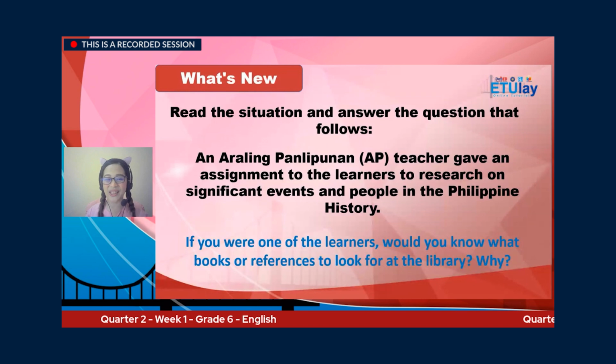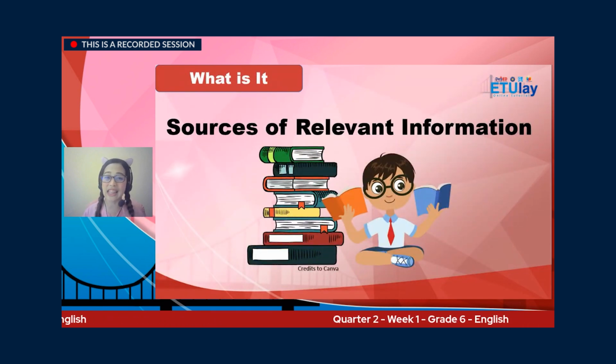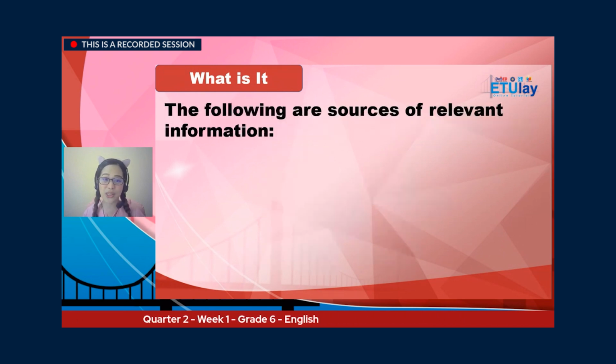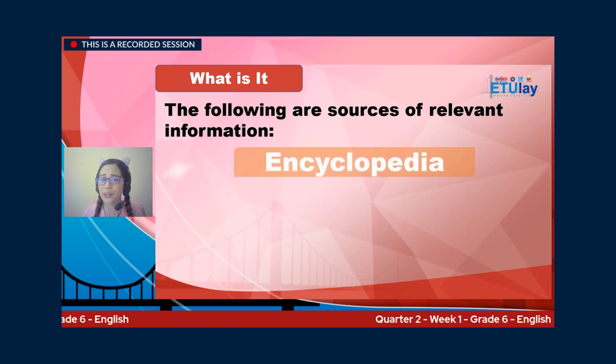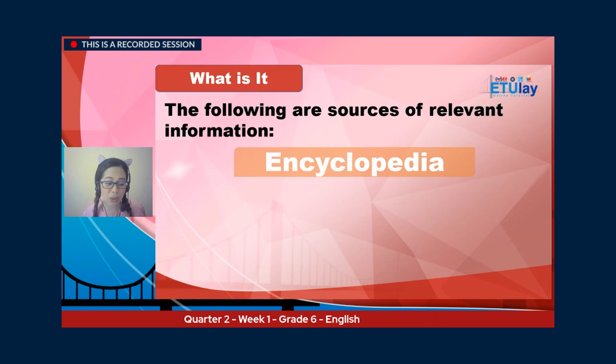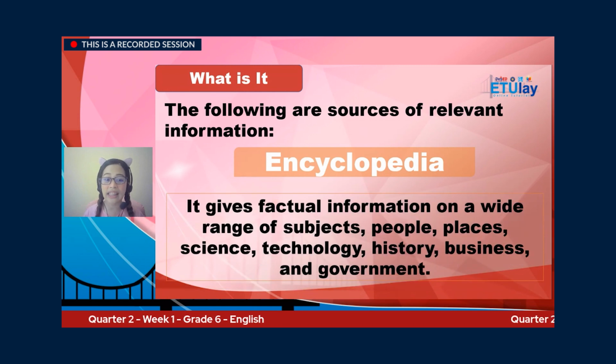That's amazing, learners. Now let's discuss some sources of relevant information. The first one is the encyclopedia. Learners, are you familiar with the word encyclopedia? Well, when we say encyclopedia, it gives factual information on a wide range of subjects, people, places, science, technology, history, business, and government.